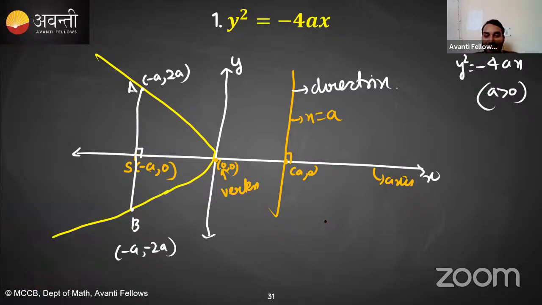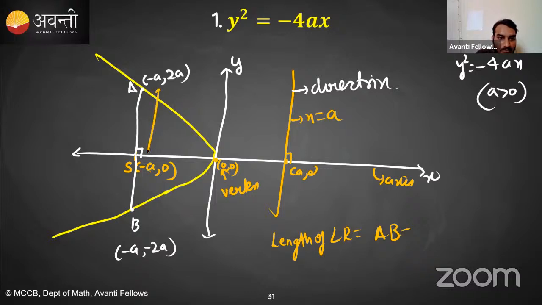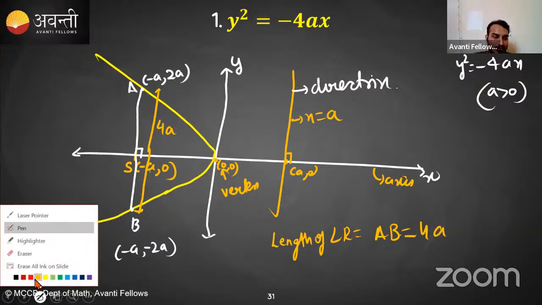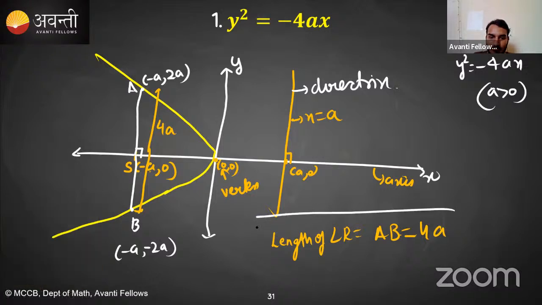Now what is the length of the latus rectum? The length of the latus rectum is nothing but the length AB. What is the length AB? This is 2a. AB is this whole, which is 4a. Yes or no? Yes, 4a. The length of the latus rectum is 4a. Clear? Is this clear? The length of the latus rectum is 4a. So the extremities of the latus rectum are known: minus a comma 2a, minus a comma minus 2a.